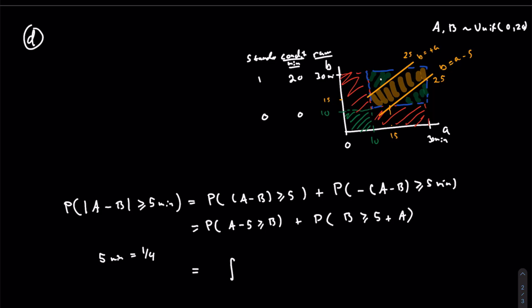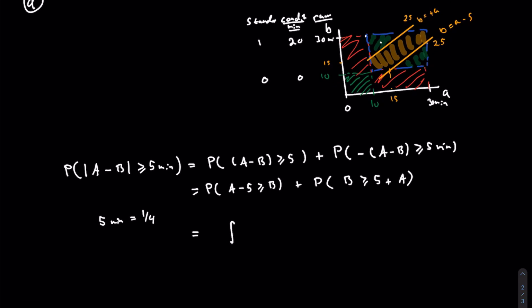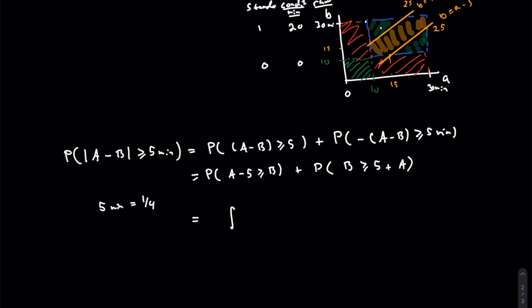And this is what we're going to work with in this integral. So 20 minutes, when we're up here, that actually means 1. I'm just redefining the regions in terms of probabilities, because 20 minutes is not a probability, and neither is 30.